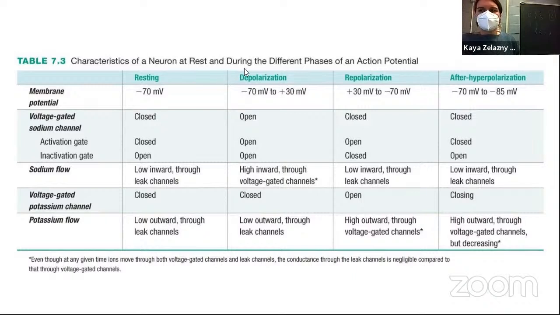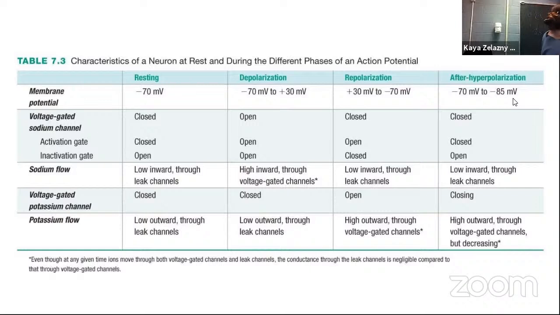But we'd want to kind of remember that we need to get to -55 in order to complete this whole phase. Repolarization is just back down from +30 to -70. And the hyperpolarization, or the after hyperpolarization, what's happening kind of after the end of the action potential, is -70 to -85.